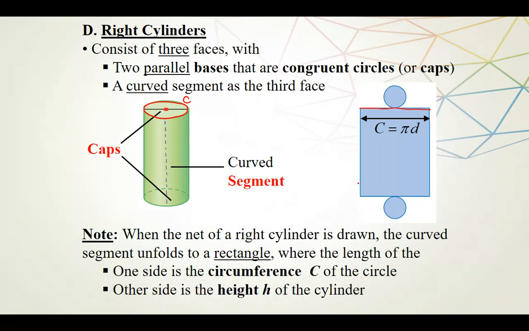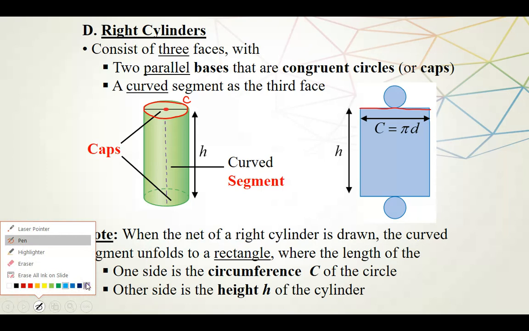And the other side is just the height of the cylinder. So the vertical height of the cylinder from the bottom cap to the top cap is h, little h. Then that would equate to this side length on the rectangle. And again, if you'd like, I can just illustrate that. Let's do it in purple.